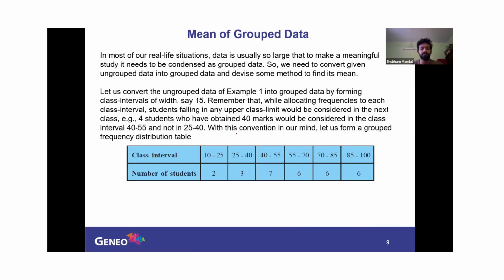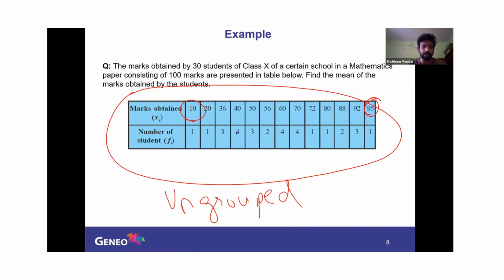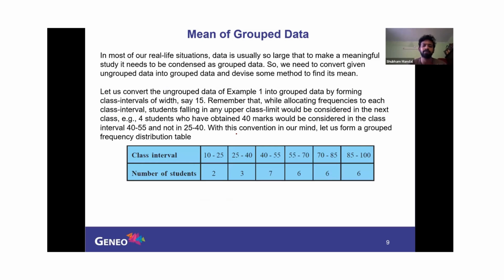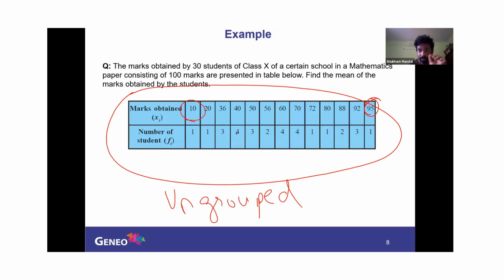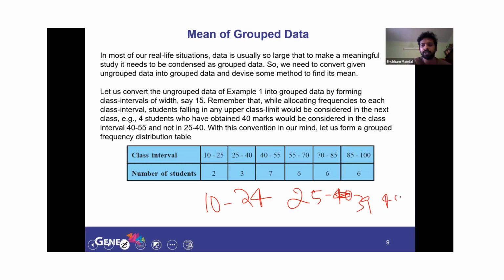Here I've taken 15. Now, how do I convert this ungrouped data into grouped data? I've taken the class interval to be 15. Start with the smallest number, which is 10. You go from 10 to 25, then 25 to 40, 40 to 55, and so on.